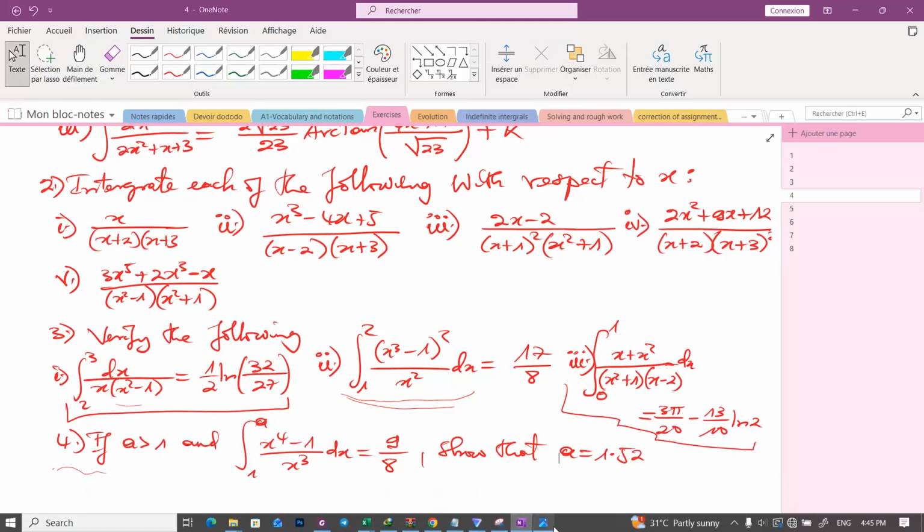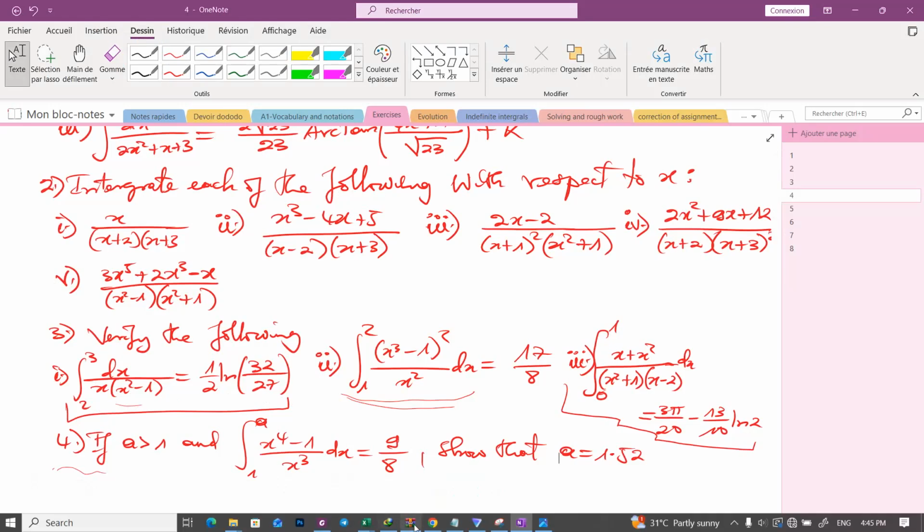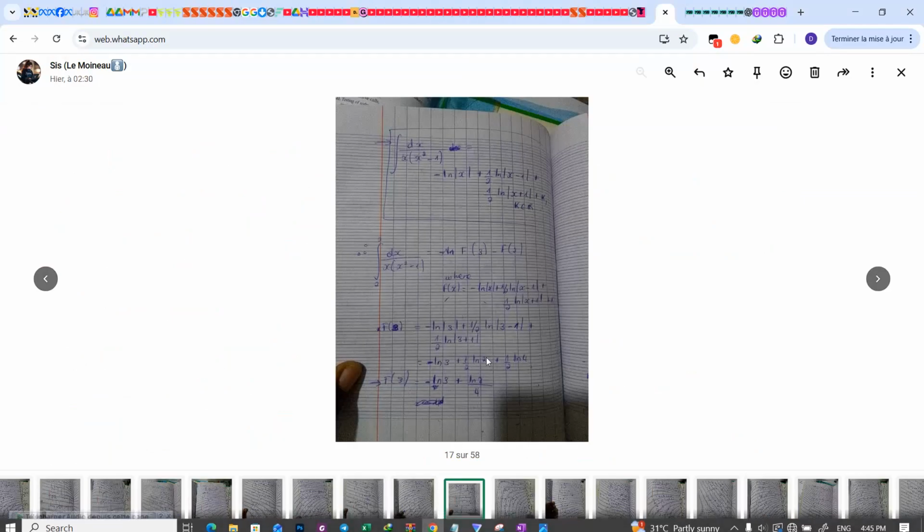Let me first go to what you did. The integral of this, you were asked to prove that it gives this. I noticed your main problem is that you don't try to simplify your primitive expression. Let me tell you what I'm saying. Look at the result you had here.